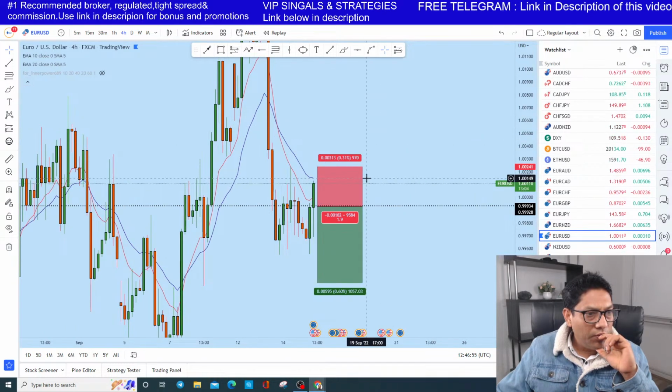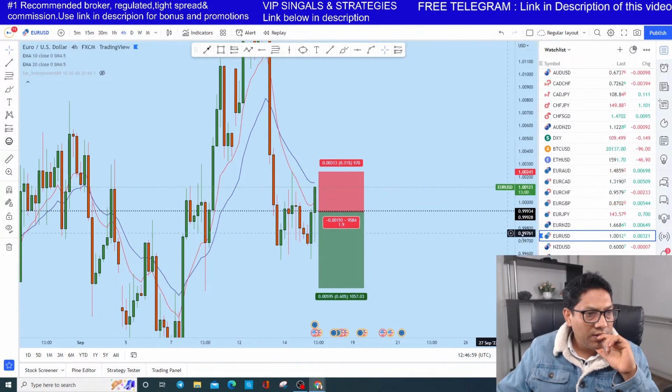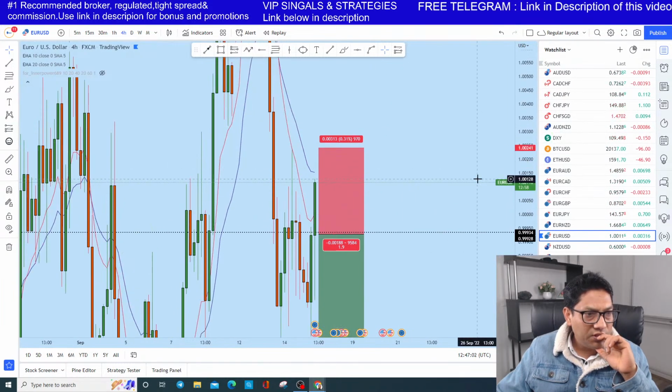See, there is a moving average coming, and from this zone we could see some rejection.